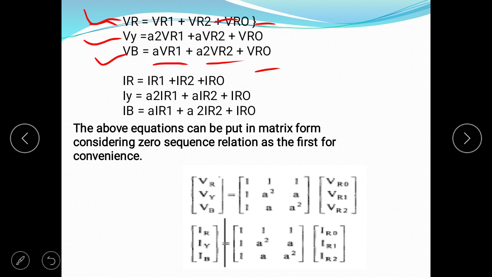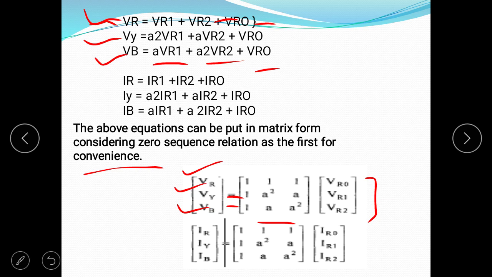So these equations can be put in matrix form, considering zero sequence as the first for convenience. Now in matrix form we can write the matrix of phase components VR, VY, VB is equal to the matrix of operators 1 1 1, 1 a square a, 1 a a square, and the matrix of sequence components, that is VR0, VR1, VR2.